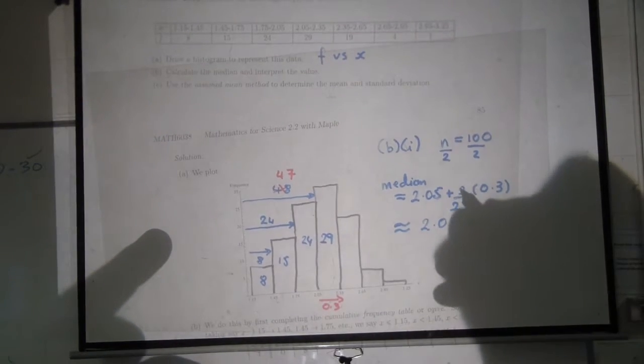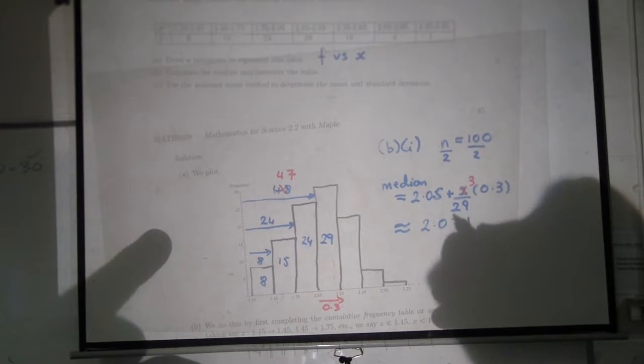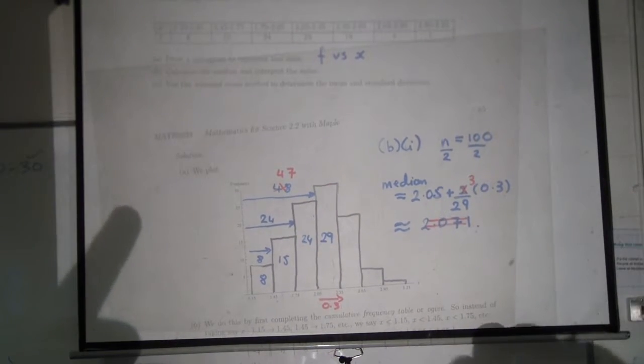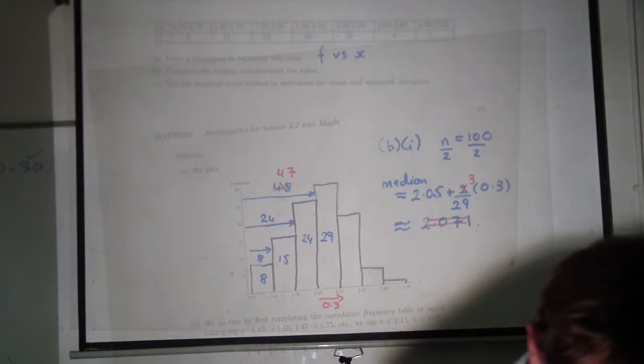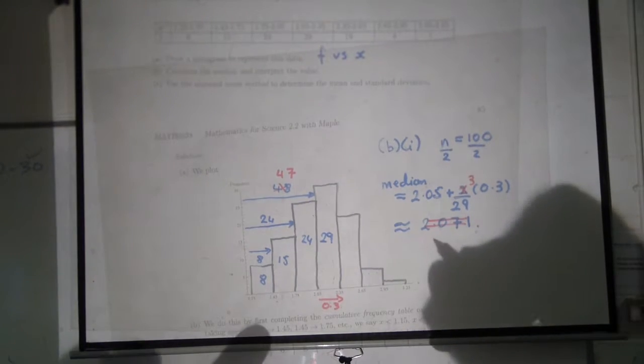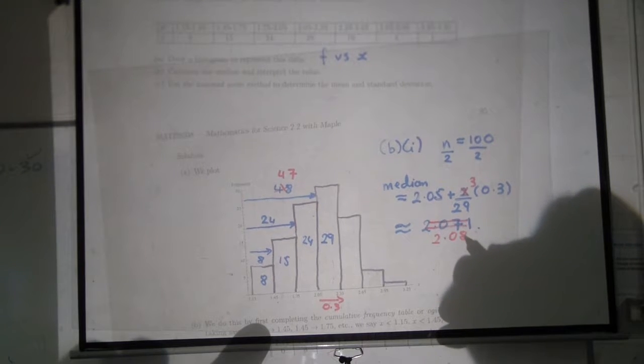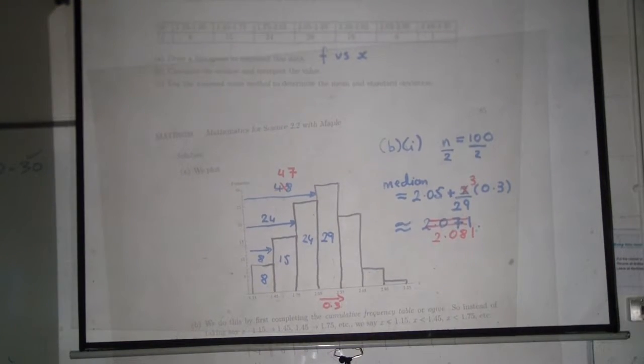So we need 3 of these, sorry. So we're trying to add up to 50, so we have 47 under there.